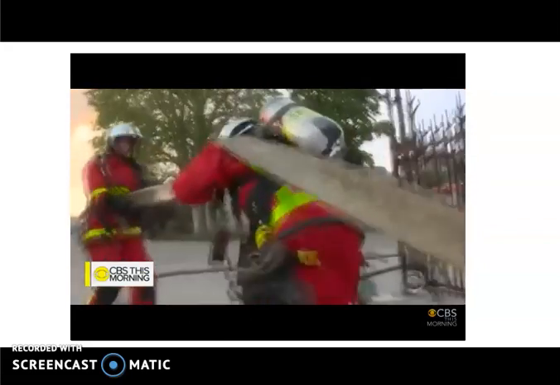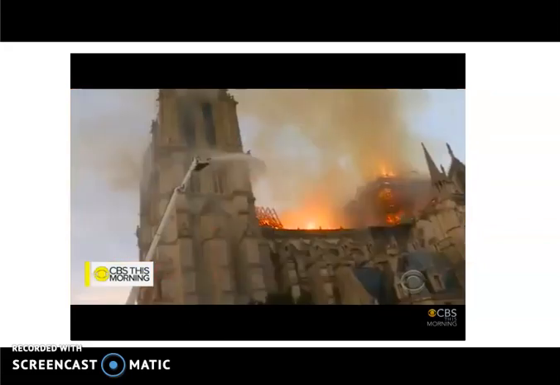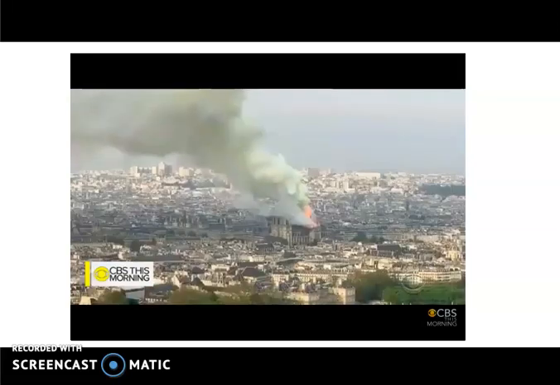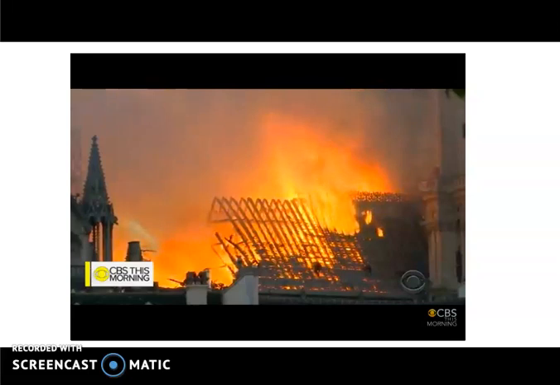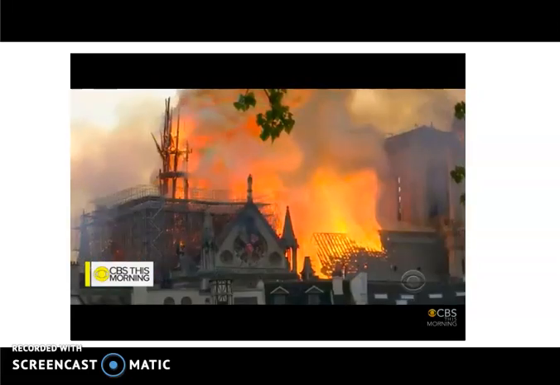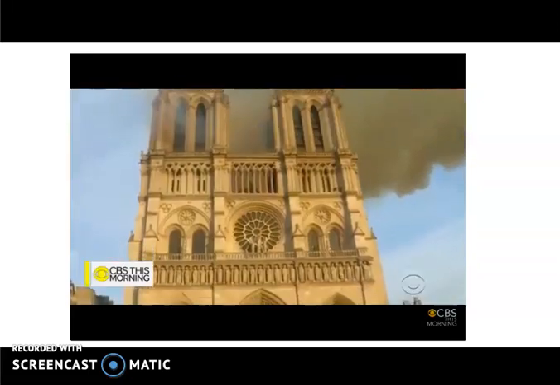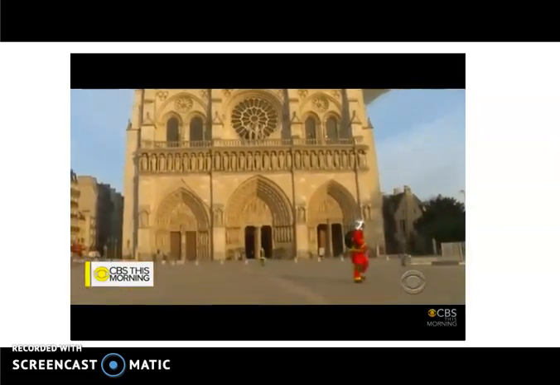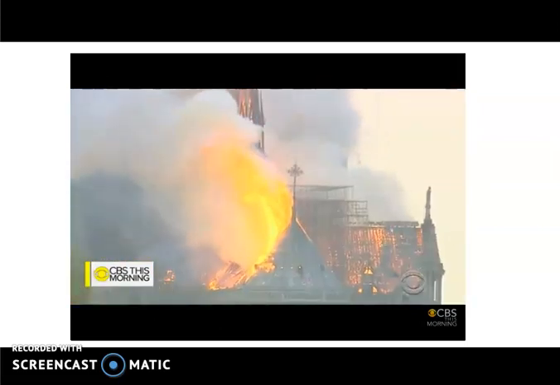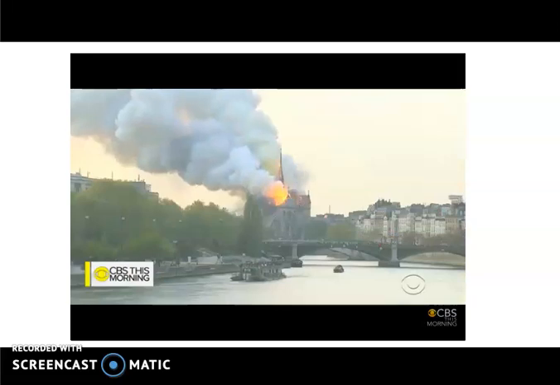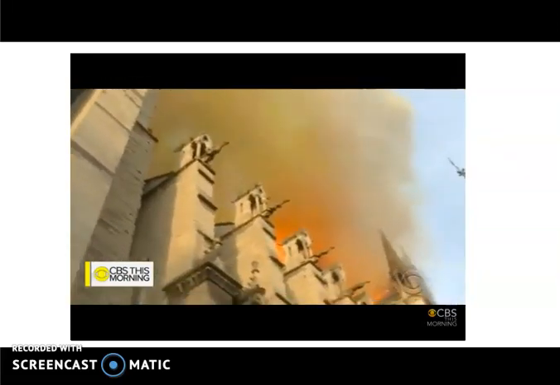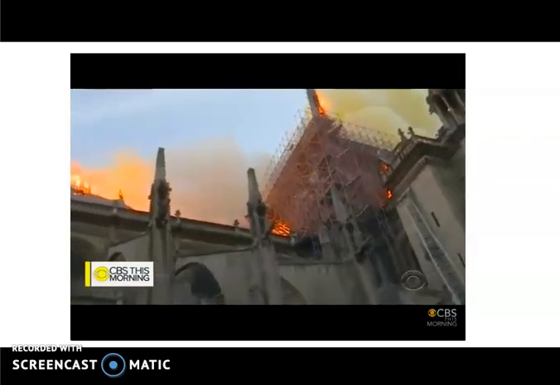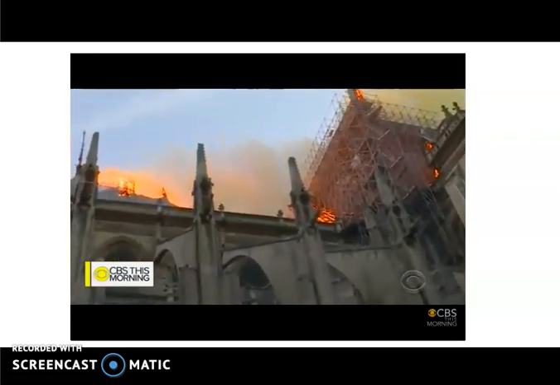400 firefighters battled, but at times appeared dwarfed by the fire, which tore through the soaring structure, fueled by the wood of 1,300 oak trees that made up part of an interior network of wooden beams. Dropping heavy water from the air was not an option, for fear it would cause the entire structure to collapse. 2/3 of the roof was ravaged. But medieval stonemasons may have saved Notre Dame by doing such a good job on the buttresses that survived the fire.